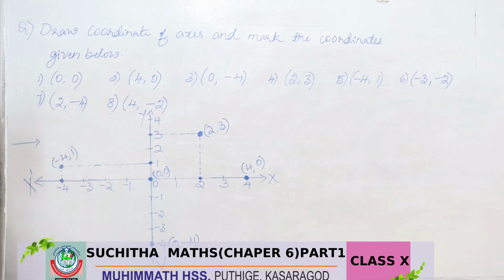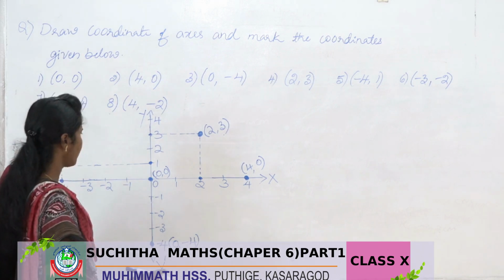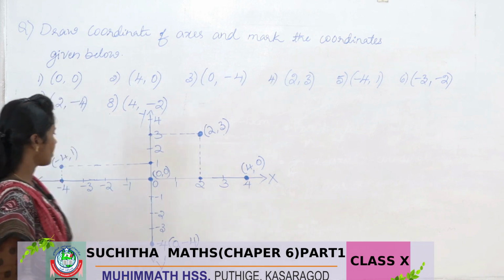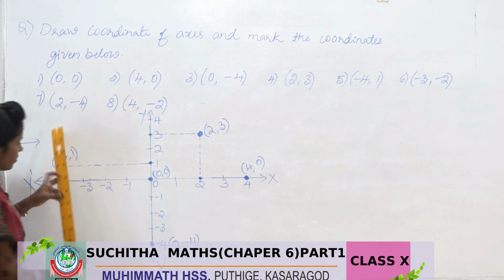The next one, minus 3, minus 2. So minus 3 is the number on the x-axis. So minus 3 is here, then minus 2 is the number on the y-axis. This is minus 3 and minus 2.